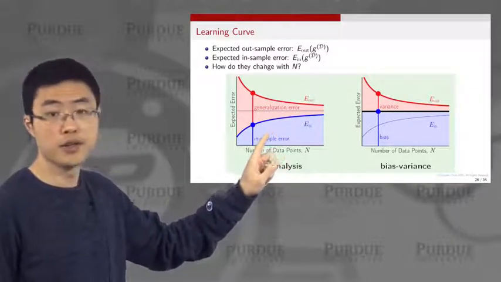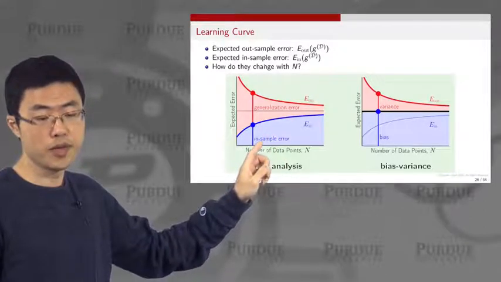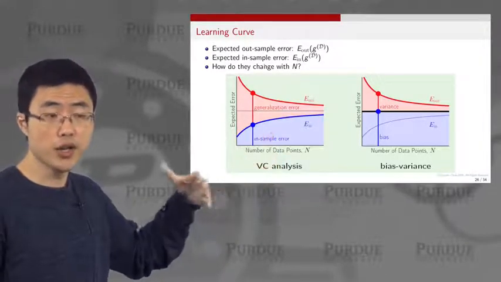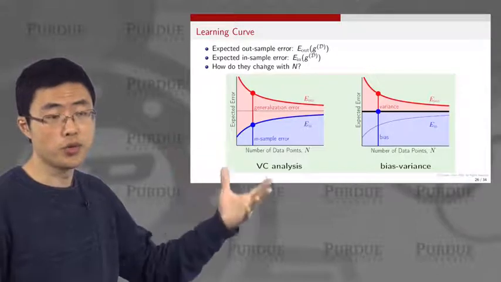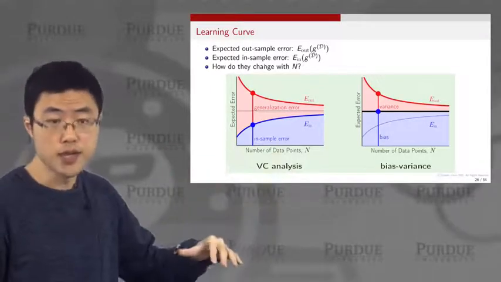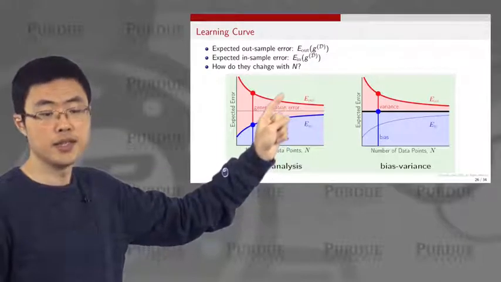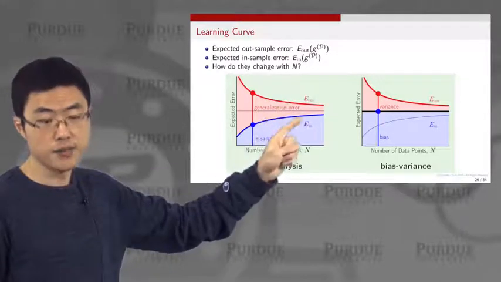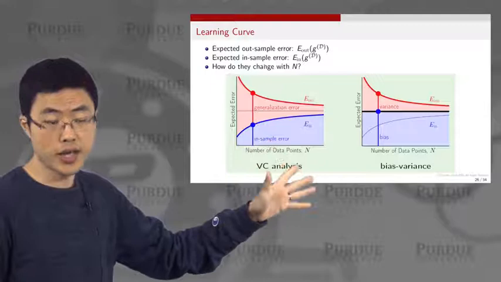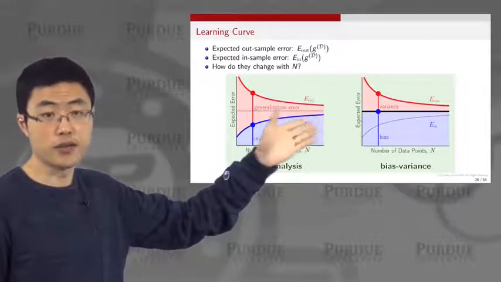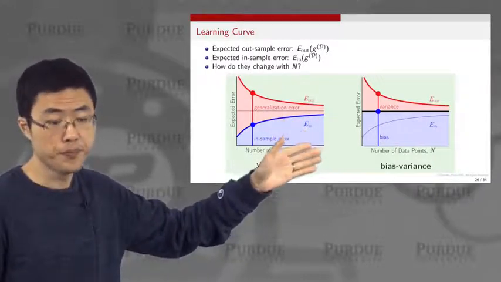Why? Because with more sample data points, it's harder and harder for your model to fit all the training samples, and therefore your in-sample error will grow. Now, the out-of-sample error will go down because the more training samples you have, the better generalization you will be able to achieve.